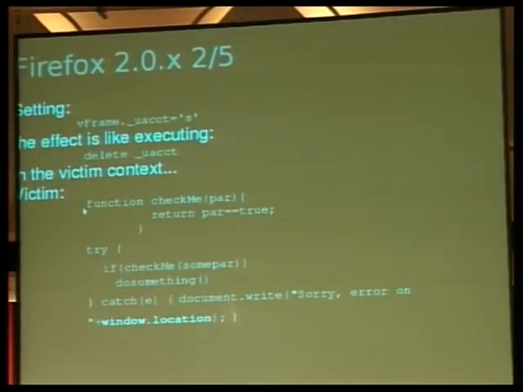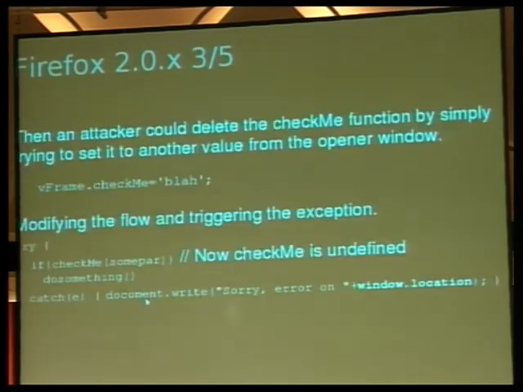And if we have some code like this with some function that checks for something, and then a condition on check me, if from the attacker frame we overwrite check me, it will have the effect of being deleted. So this will be undefined and will trigger the exception. So if we have a bug here, we have changed the flow.